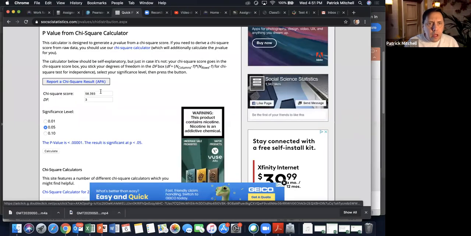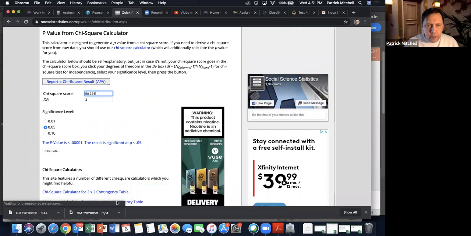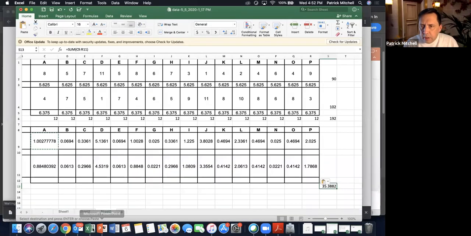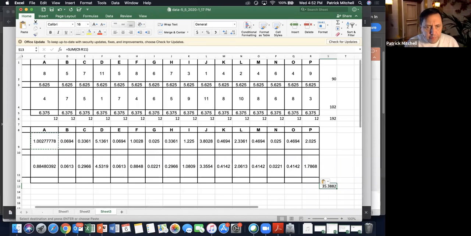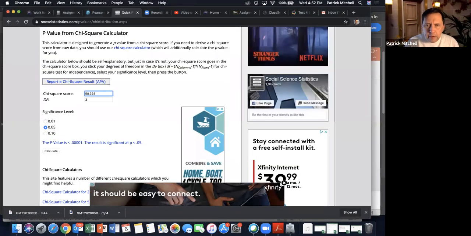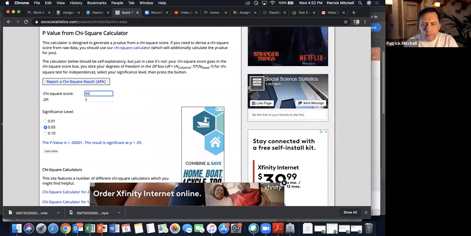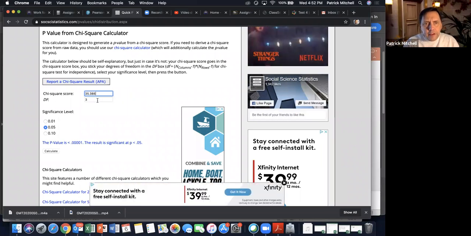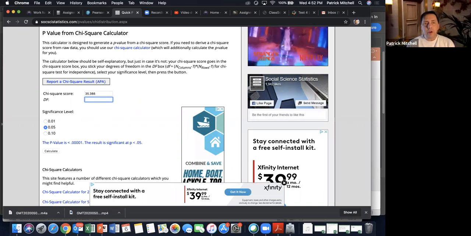So now why don't we hop over to SociSciStatistics.com and see if we can get the p-value that they were telling us about. So 35.388. And then the degrees of freedom, we have 2 rows, so 2 minus 1 is 1, and we have 16 columns.